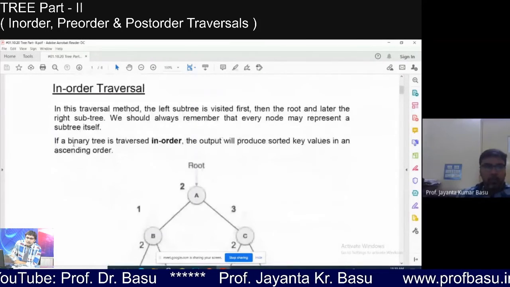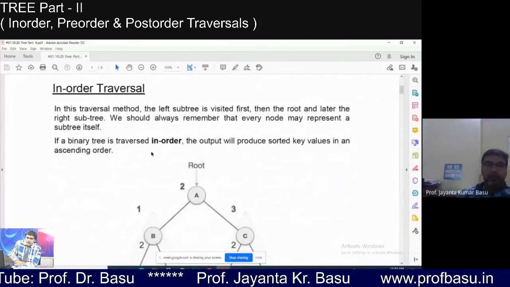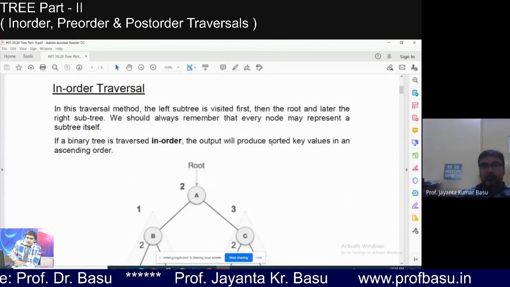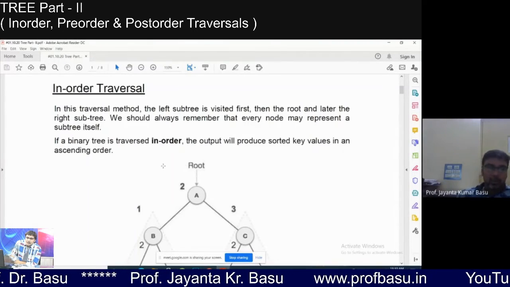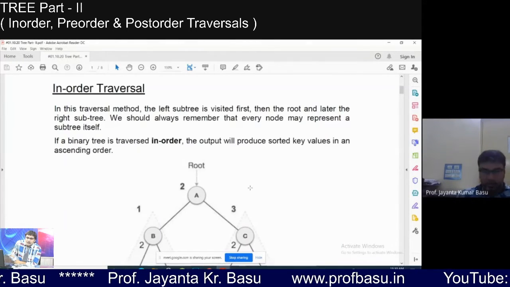So if a binary tree traverses in order, the output will produce sorted key values in an ascending order. This we will test later.